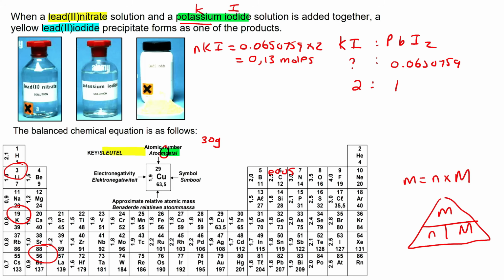Potassium is this one here, and then iodide is over here. So the mass is going to be 39 plus 127. So the mass is equal to the moles, which is 0.13, multiplied by the molar mass, which is 39 plus 127.